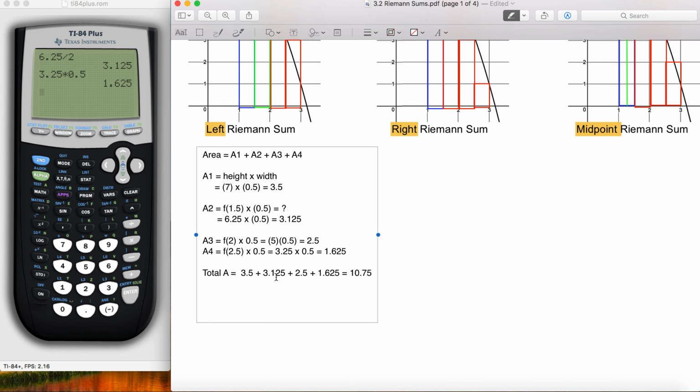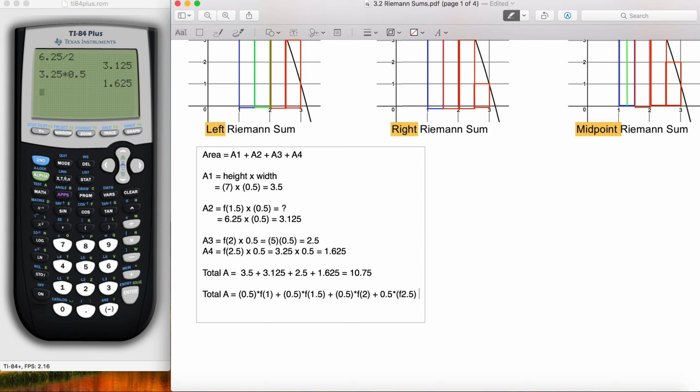If I were to put it all together, I would say the total area is equal to 0.5, which is the width, times f of 1, plus 0.5 times f of 1.5, plus 0.5 times f of 2, plus 0.5 times f of 2.5.